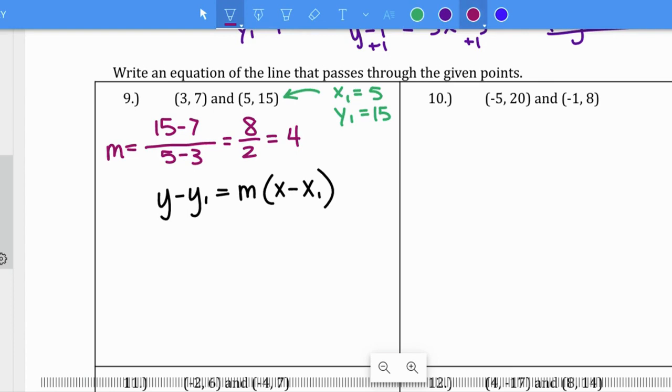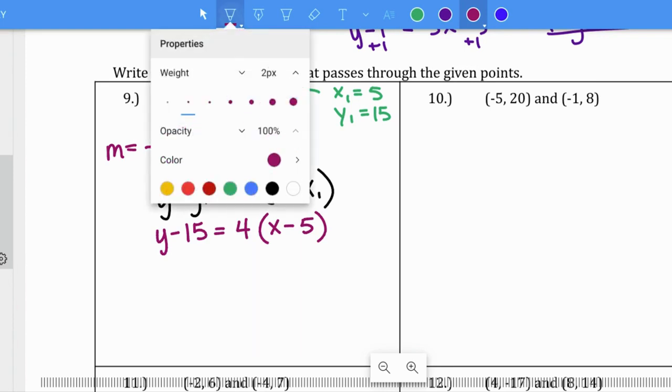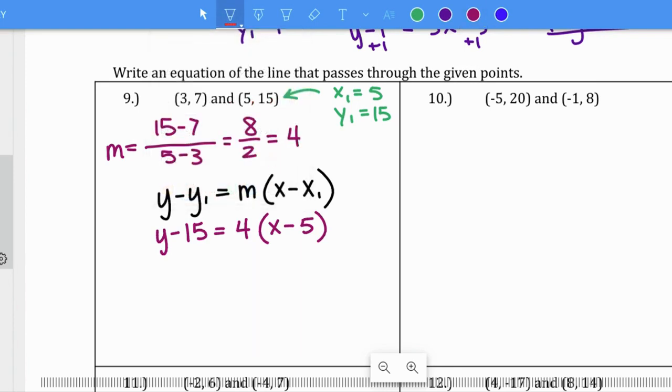So when I substitute that in, y minus 15 equals my slope was 4, and x minus the x1, which was 5. So I'm hoping you're beginning to notice that whenever I use this form, this guy always stays y and this guy always stays x. I'm not substituting any values in there. Those are the variables in your equation.